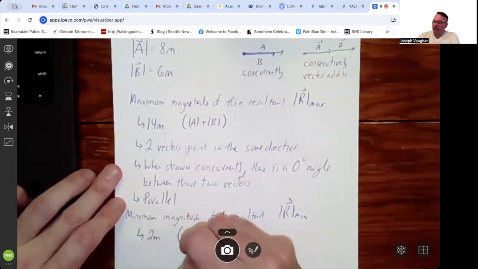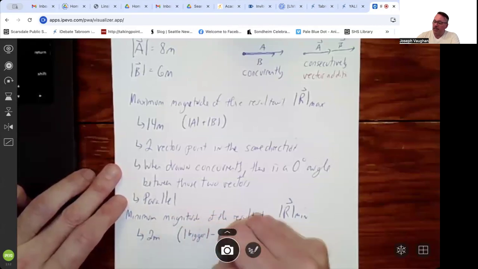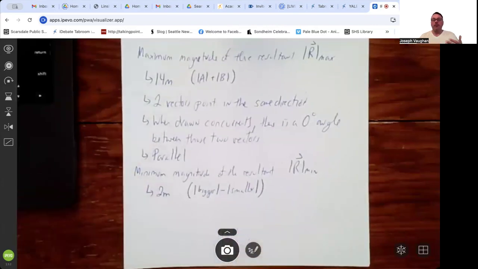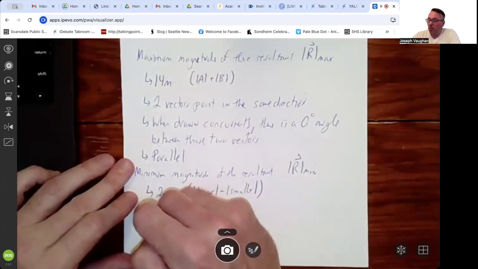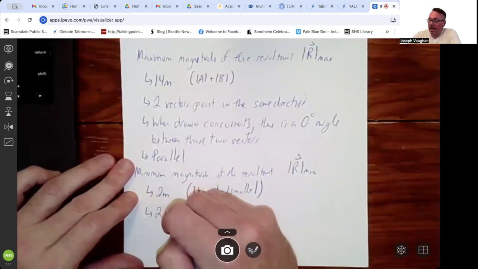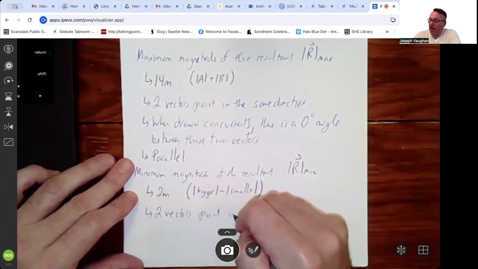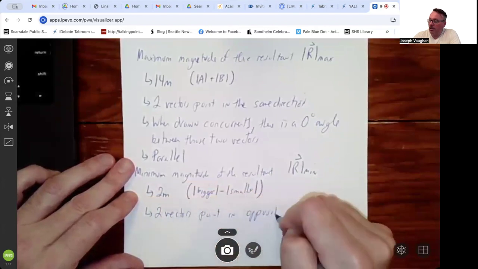And in this case, it's just the magnitude of the bigger one minus the magnitude of the smaller one that is going to get us that. Okay. So what would be true about the two vectors that would give the minimum possible resultant? I think we would understand then those two vectors point in opposite directions.